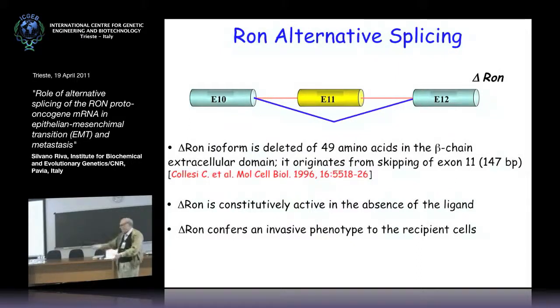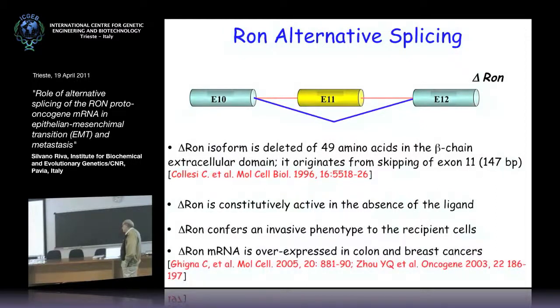So if you transfect this DNA, this gene, into cells, they become invasive, and you can measure that and observe that. And in fact, this form is overexpressed in colon and breast cancers.